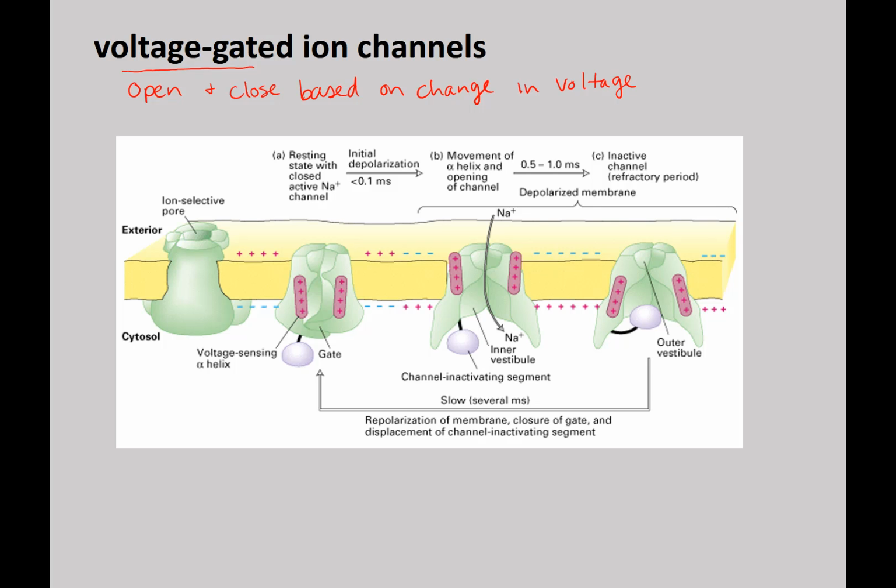We've talked about ligand-gated ion channels that open and close based on the binding of a molecule. These are based on the charge across the membrane. So what it's trying to show you here is there's a voltage-sensing region of that protein that, when the voltage changes across the membrane, you get a conformational change and the channel opens. When it opens, the ions that it's specific for can now flow through.